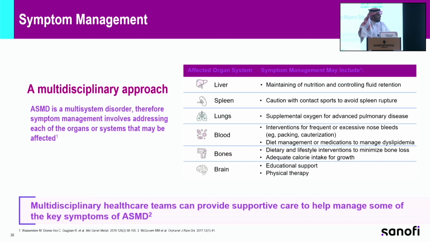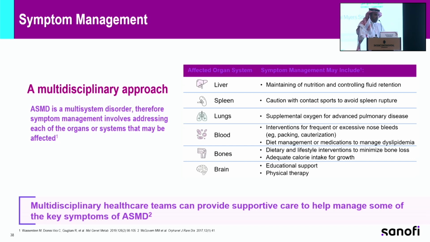Here we'll focus on what you need for this patient. You need a multidisciplinary team to provide supportive care to help manage the symptoms. We need to maintain nutrition and control fluid retention, and advise the patient not to do any hard sport to avoid rupture of the spleen.